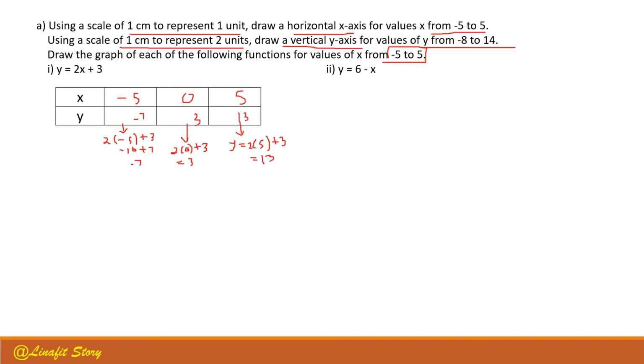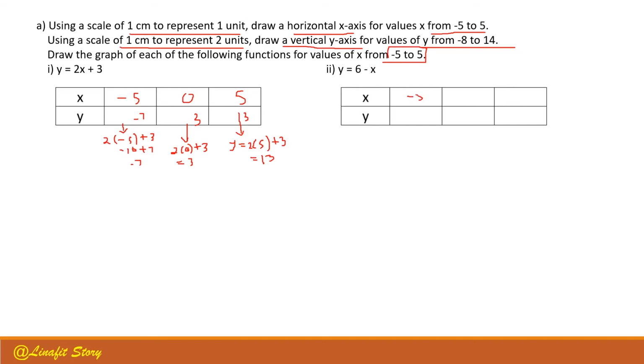Then the second function, y is 6 minus x. X is the input, y is the output. X is -5, 0, 5. When x is -5, y is 6 minus -5.